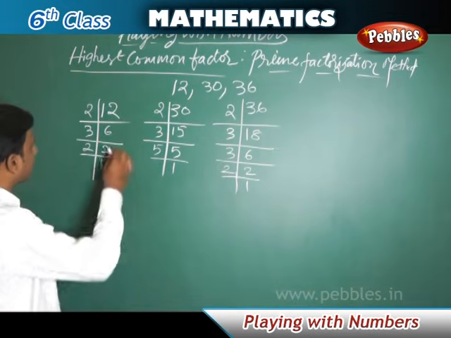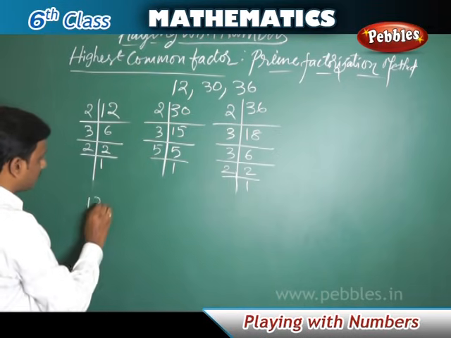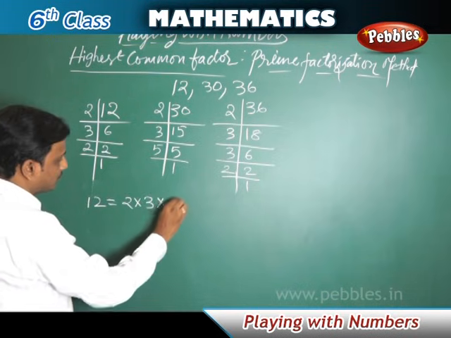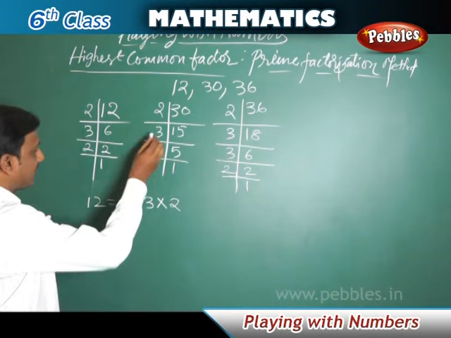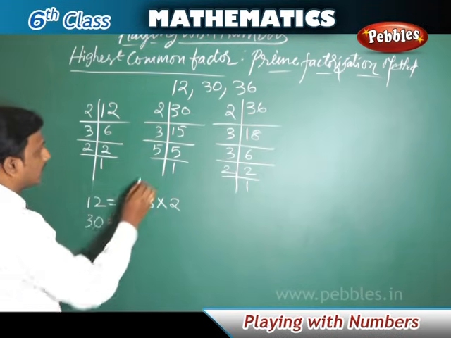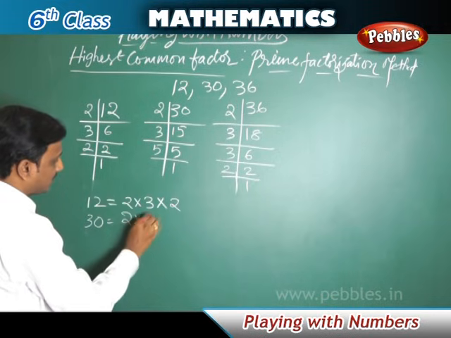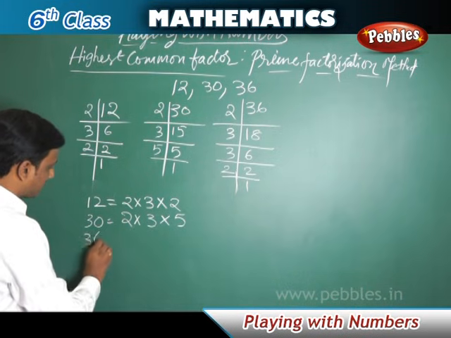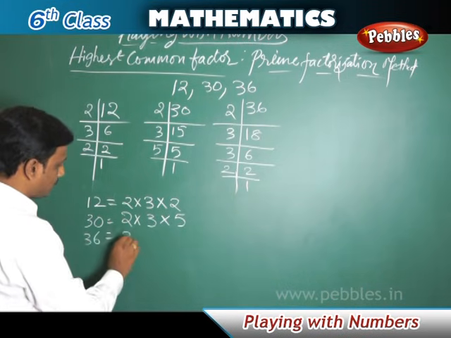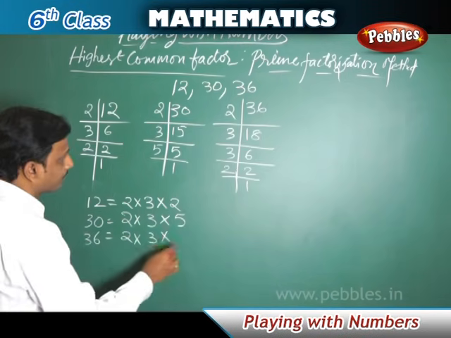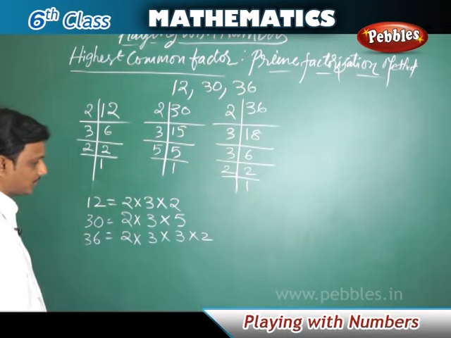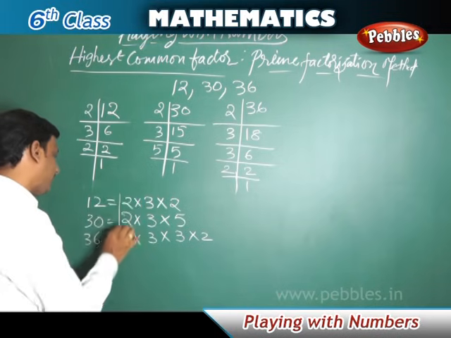Thus, 12 equals 2 into 3 into 2. Now for 30, we write 2 into 3 into 5, and for 36, 2 into 3 into 3 into 2. Now we take the common factors.